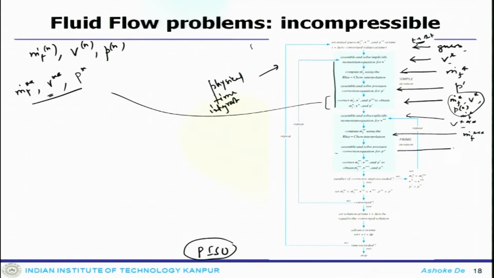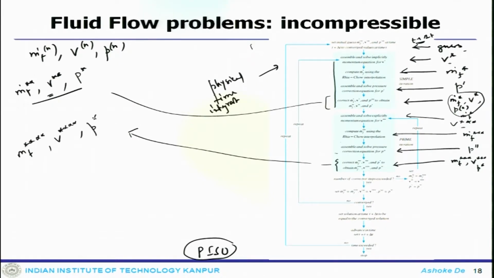Then you get the pressure correction equation, here you get corrections for p double prime, and then at this step you actually get the corrected fields m dot f triple star, v triple star and p star, and these corrected fields are used to calculate m dot f fourth star, v fourth star and p double star.